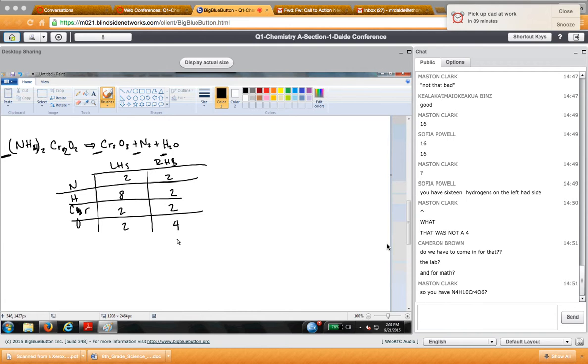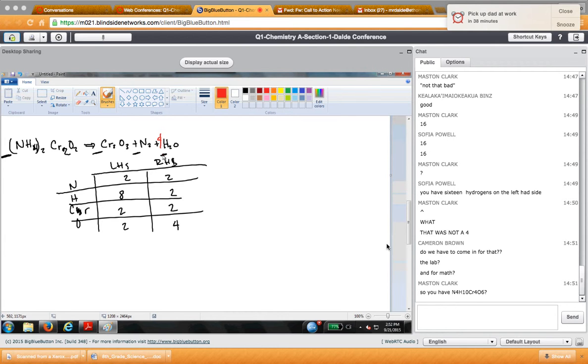All right. So here's the thing. What I would do is, I have 8 hydrogens over here on the left side, and I only have 2 on this side. So I'm betting that there's going to be a number 4 in front of that. Does that make sense?